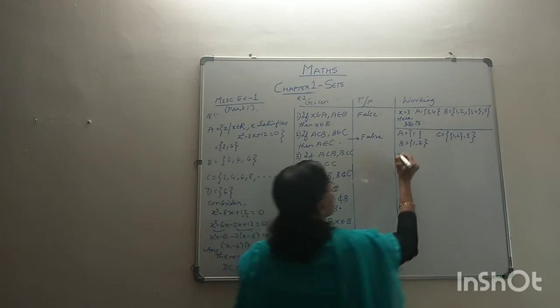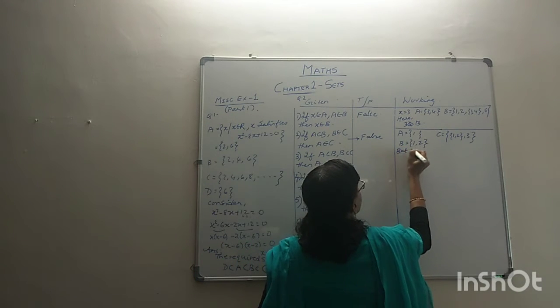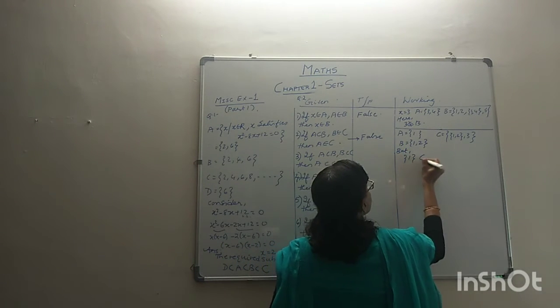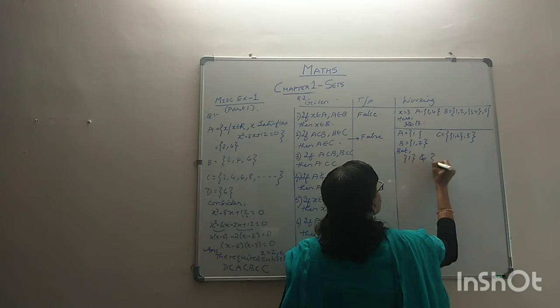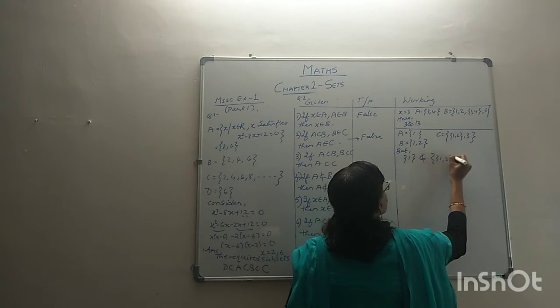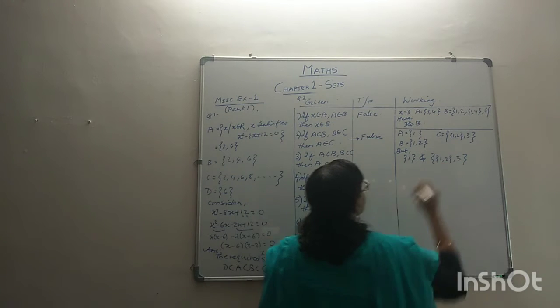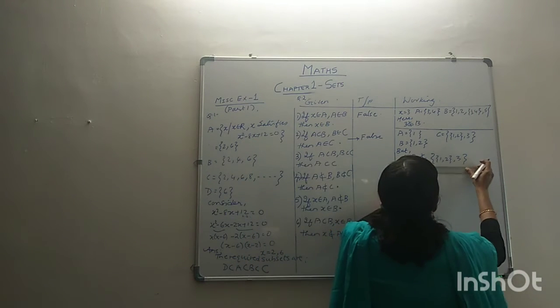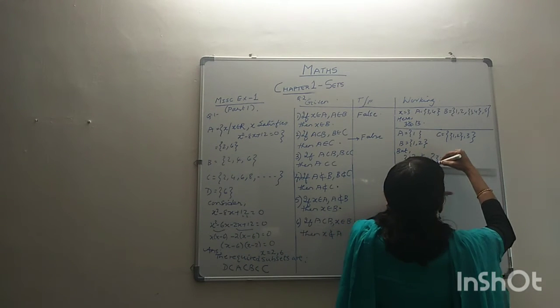So you have to show that singleton {1} doesn't belong to this set, that is, the set {1, 2, 3}. So that is why we say that the second statement is false.